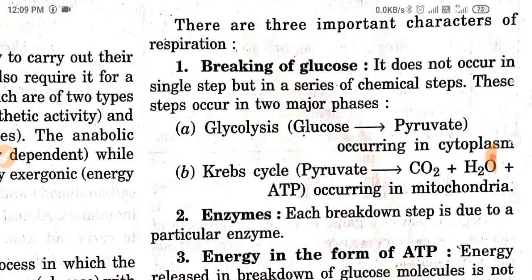So glyco means glucose, so it is the breakdown of glucose. And next is the Krebs cycle, in which pyruvate is further broken down into carbon dioxide and water, and ATP molecules are formed, occurring in mitochondria. So glycolysis occurs in cytoplasm and the Krebs cycle occurs in mitochondria.